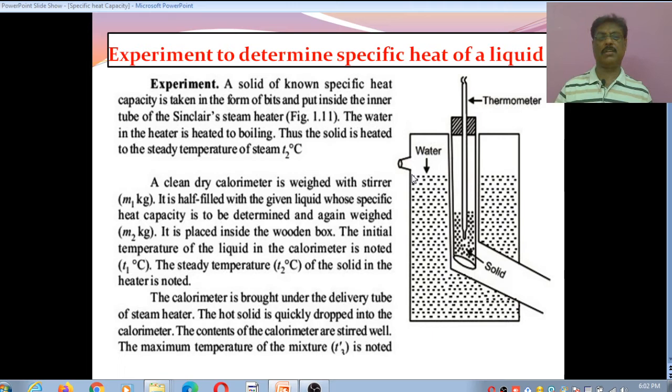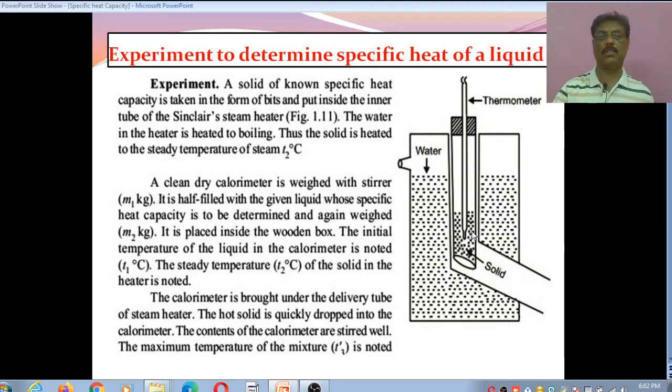So you can look here. Here is the water, and the thermometer is inside that. Now outside water, inside solids. Due to this heating, the temperature of the water increases. At the same time, the temperature of the solid also increases.